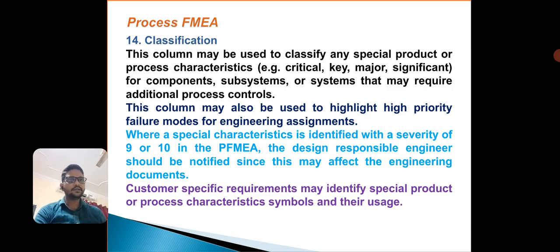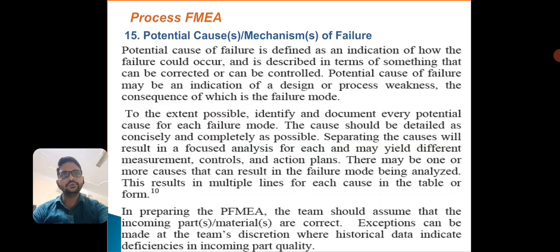This column may also be used to highlight high priority failure modes for engineering assessment, where a special characteristic is identified with a severity of 9 or 10 in the PFMEA. The design responsible engineer should be notified, since this may affect the engineering documents. Customer requirements may identify a special product or process characteristic, symbol and their uses.